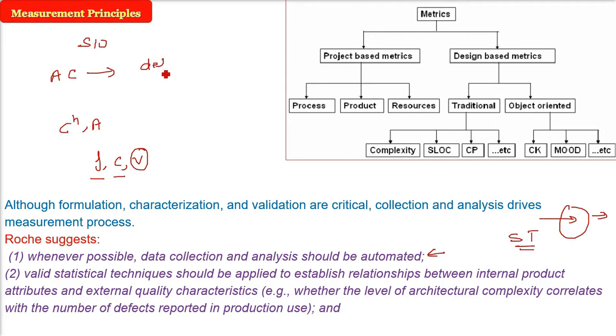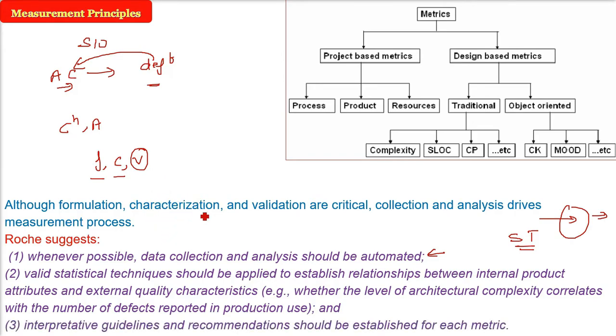Now, does this architectural complexity relate to the number of defects reported in production use? When the complexity is higher, defects are higher; complexity is lower, defects are lower. So we need to apply and validate using this statistical technique in order to say that we are doing proper measurement. Along with this, with each metric, we need to have a certain interpretation guideline, a certain recommendation that this metric will do this thing, this metric will give you this indication.